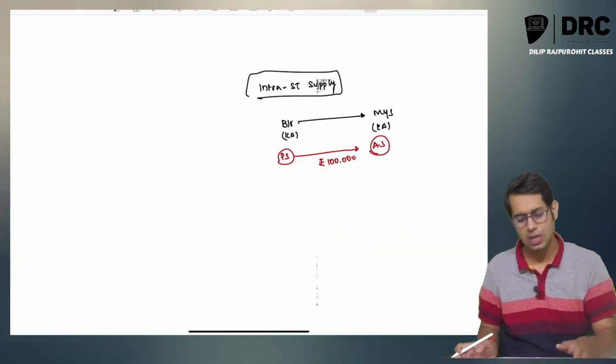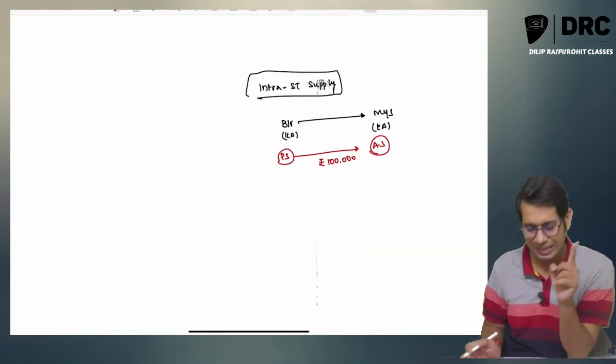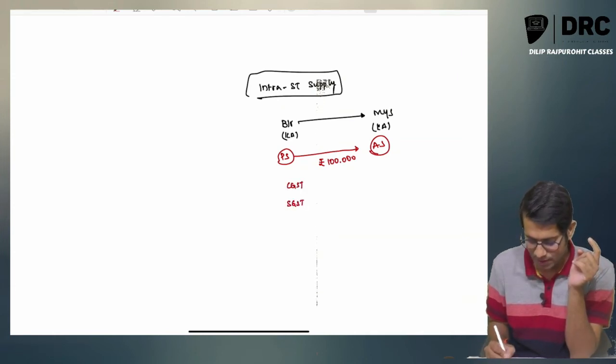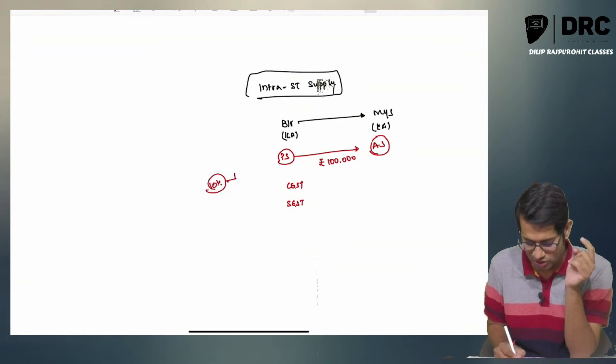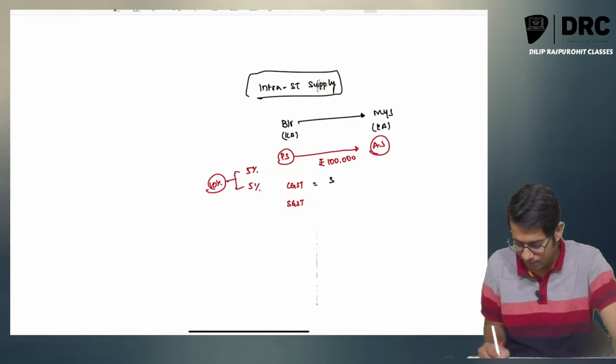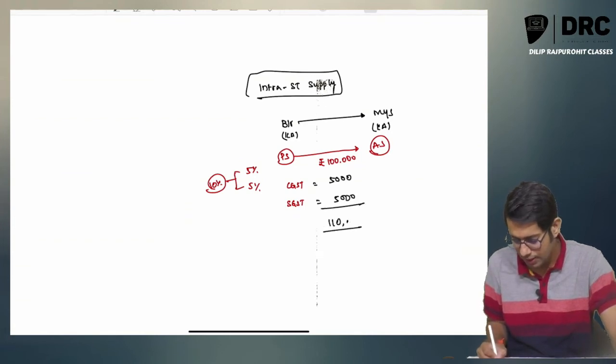Because it is an intrastate supply, the tax required to be paid is CGST and SGST. Assuming the rate is 10%, CGST will be 5% and SGST will be 5%. So how much CGST is required to be paid? 5,000 rupees. And SGST? 5,000 rupees. So the total value will be 1,10,000 rupees.